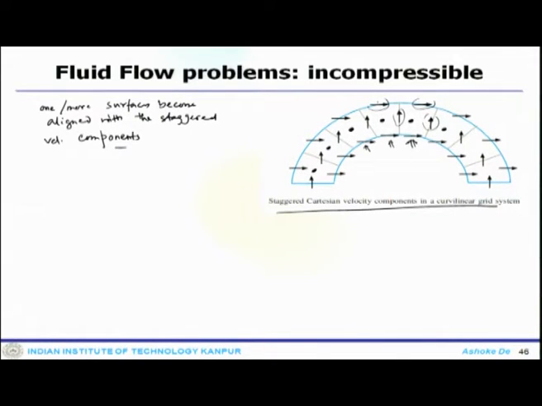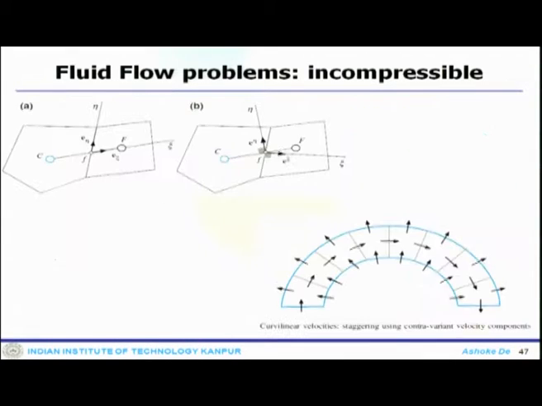Now, one can think about a better alternative: to use covariant and/or contravariant velocity components. If you use covariant and contravariant velocity components, then you can avoid this kind of alignment with the surface.